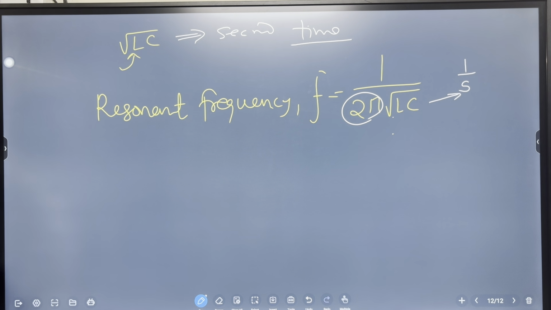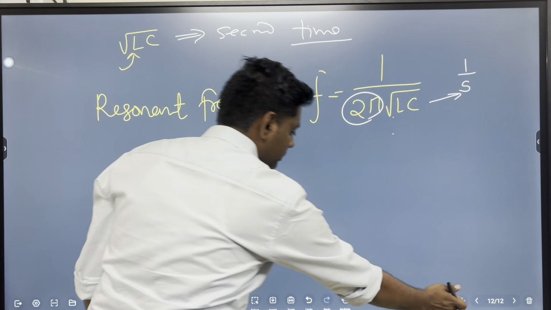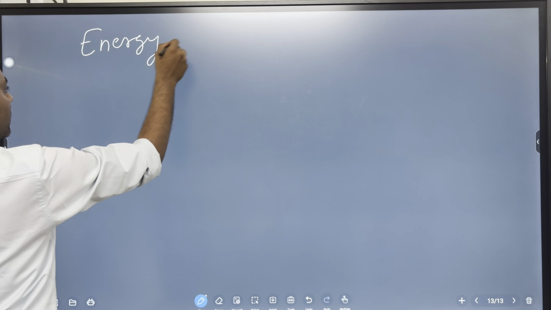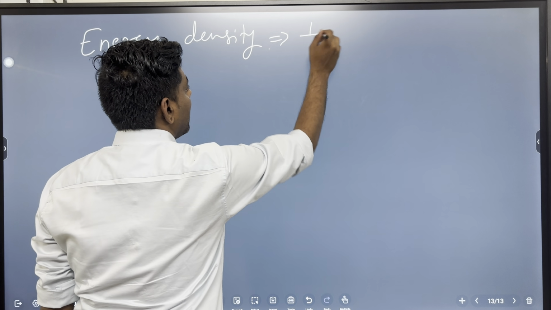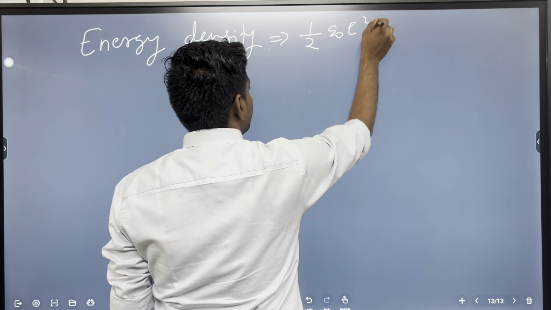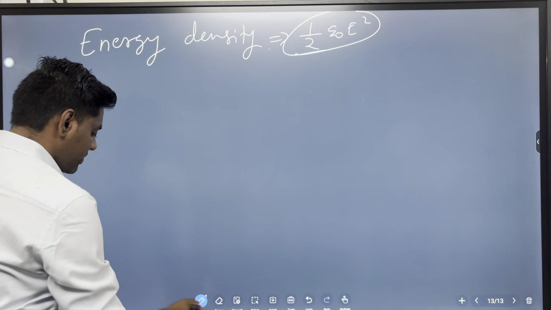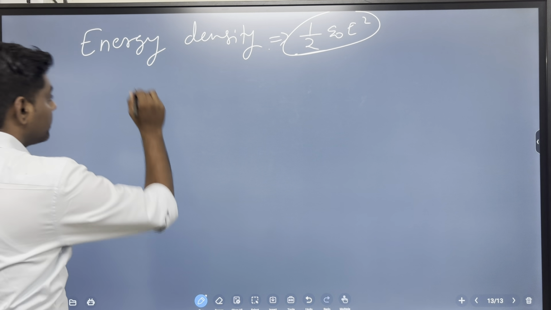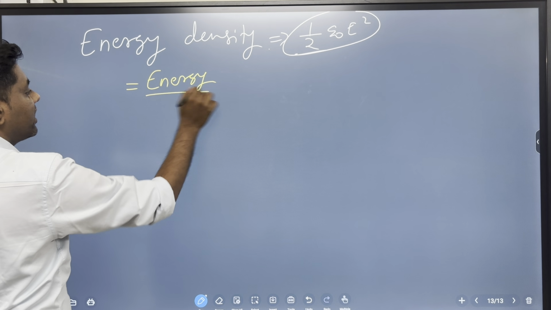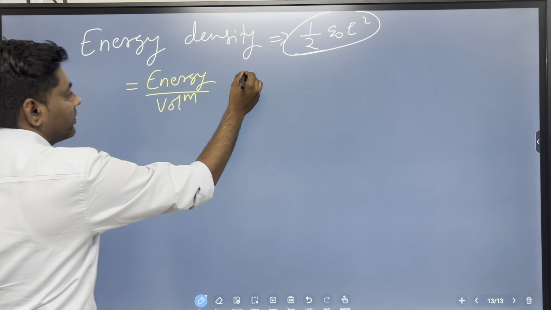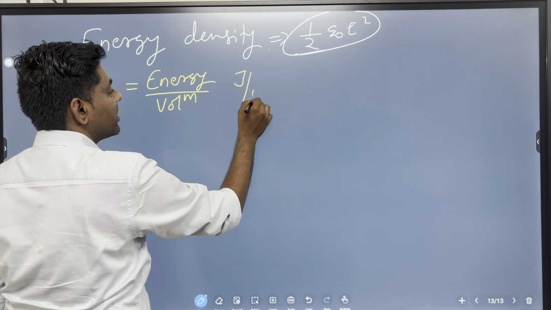Simple. Next, energy density. The very simple formula of energy density is half epsilon naught E square. Energy density means energy divided by volume, and energy is measured in joule and volume in meter cube.